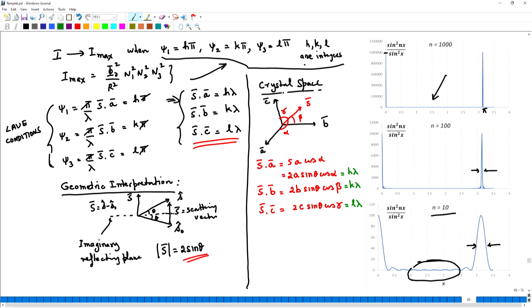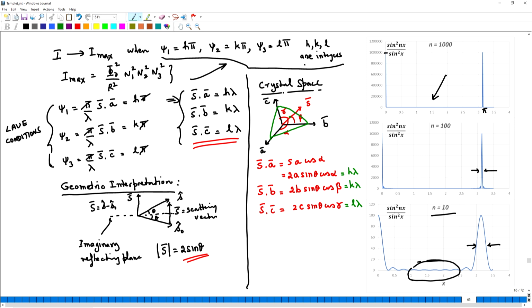Now, let me draw a little bit more. We had said that this scattering vector S is perpendicular to this imaginary reflecting plane. Let me draw that plane as well in crystal space. So, let us say that this is the plane to which the S vector, the scattering vector, is perpendicular.